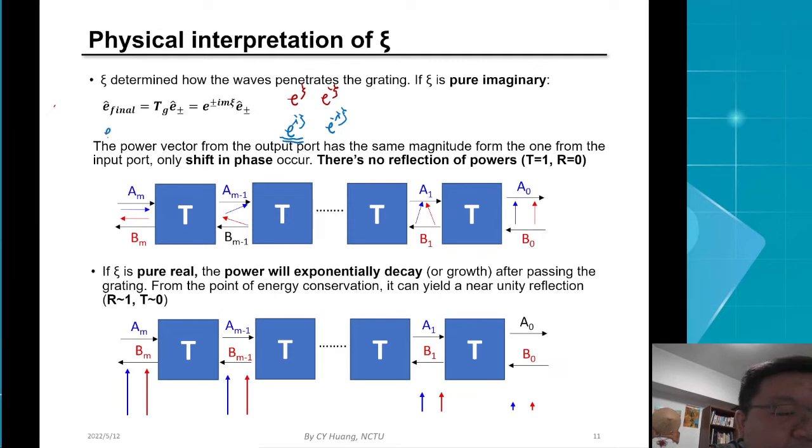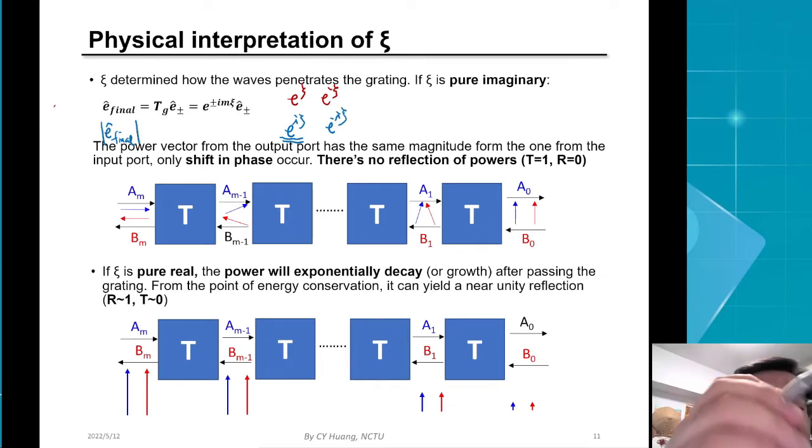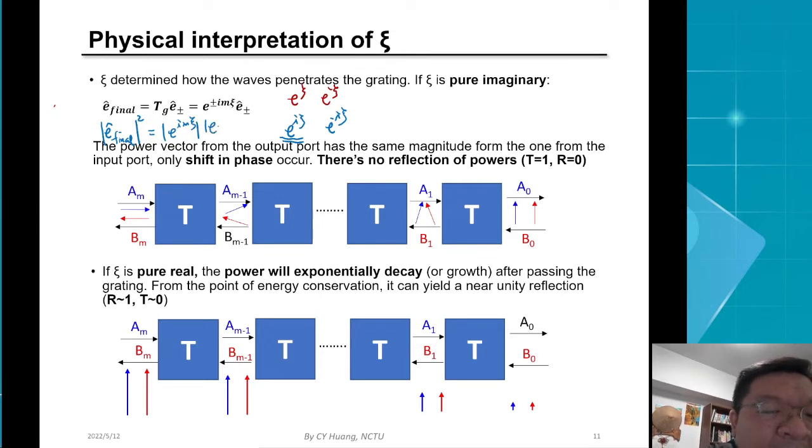So if we take the eigenvector on the other side, it will be exponential i m c times this eigenvector. So it actually has the same moduli as the input eigenvectors.